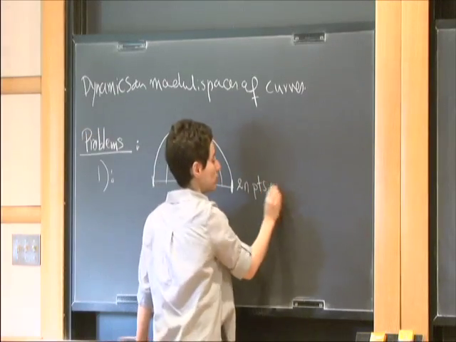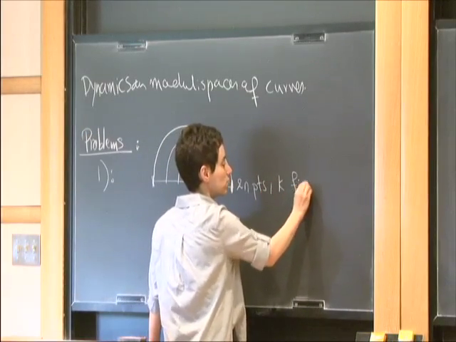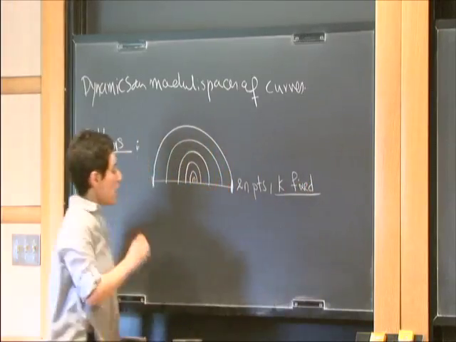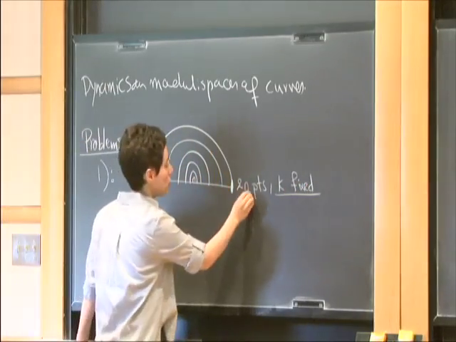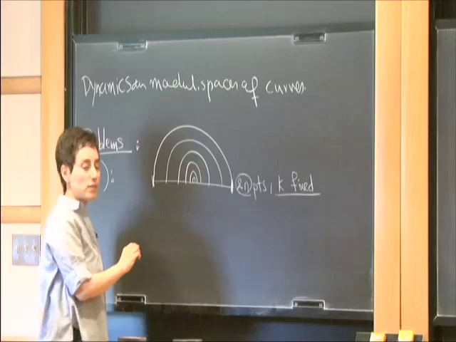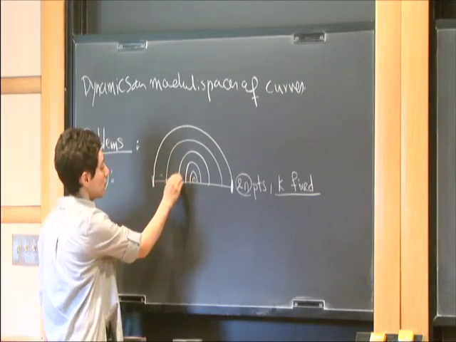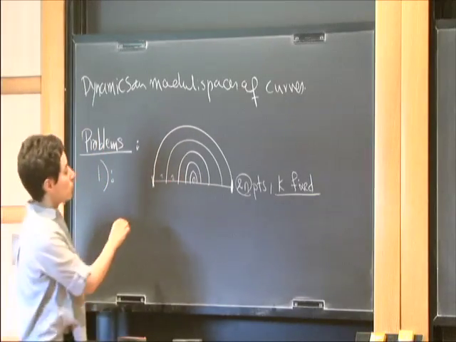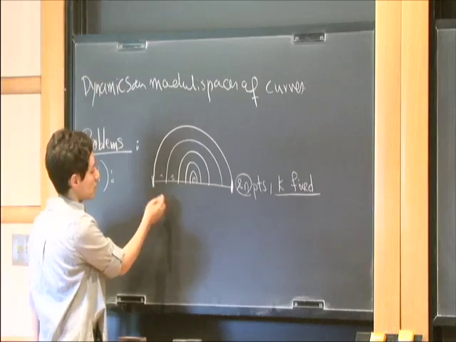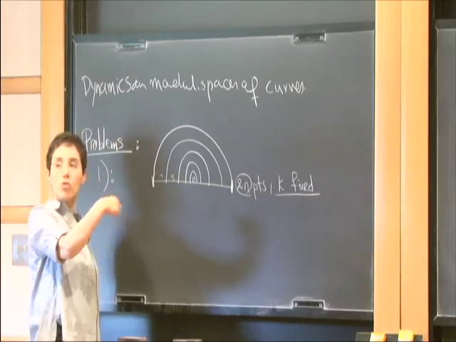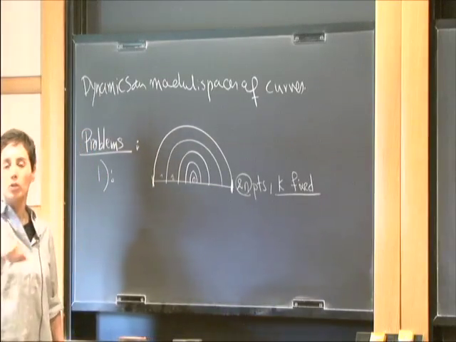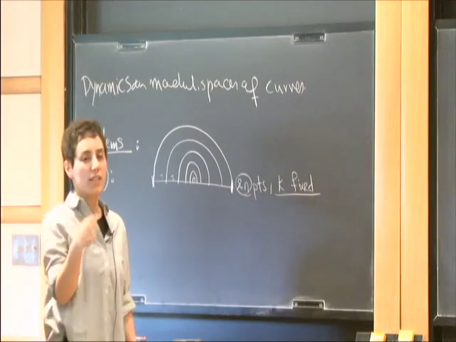I have k, which is fixed. Imagine that the length of all these intervals is 1. No matter how you put a certain type of circles there, you get closed loops. But what I want is loops which don't have any self-intersections.